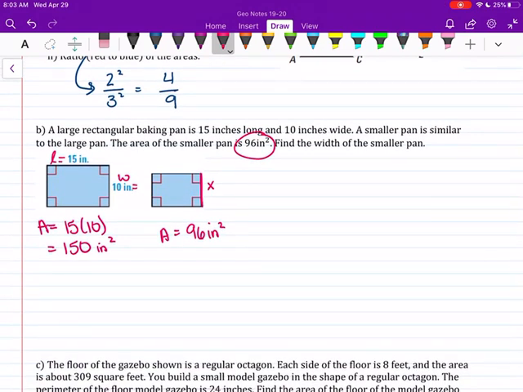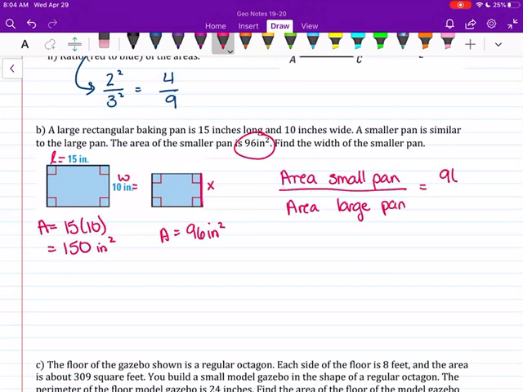So the area of the smaller pan compared to the area of the larger pan is going to be 96 square inches over 150 square inches.